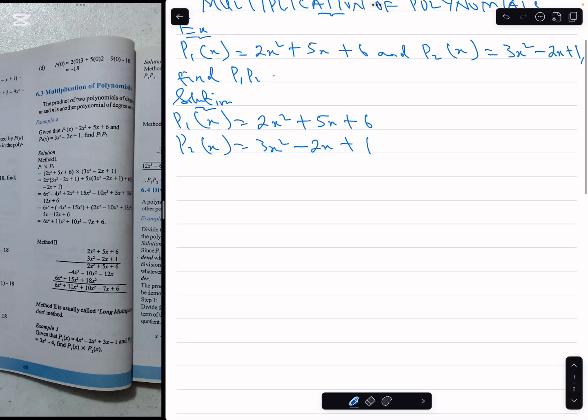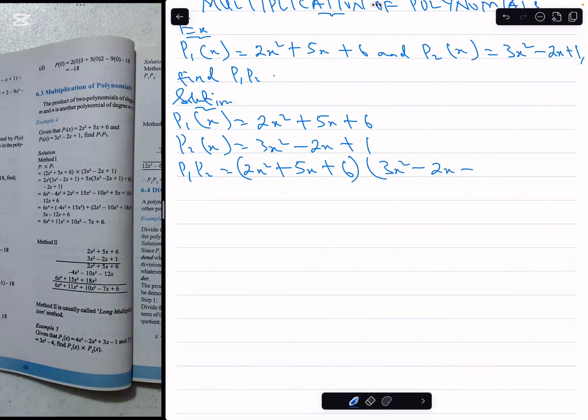So we can multiply this way. p1 p2 will be equal to 2x squared plus 5x plus 6 times 3x squared minus 2x plus 1. Both p1 and p2 are polynomials of degree 2.